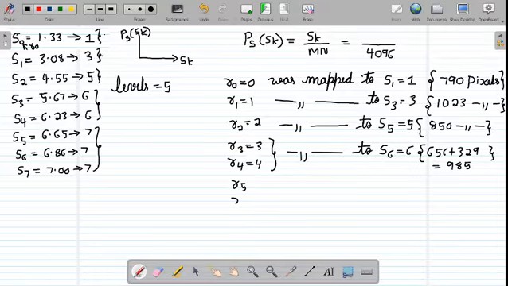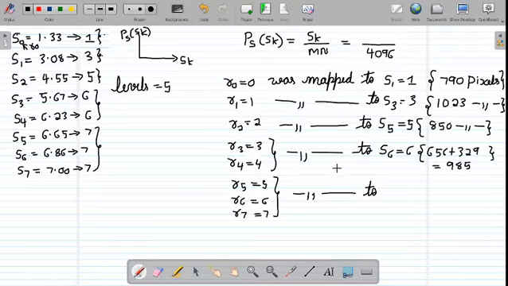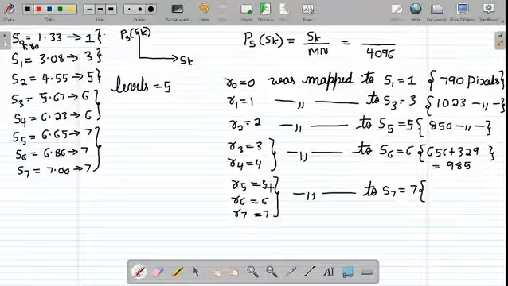Next, R5, R6 and R7 are mapped to S7. So now you need to consider the pixels of 5, 6 and 7.